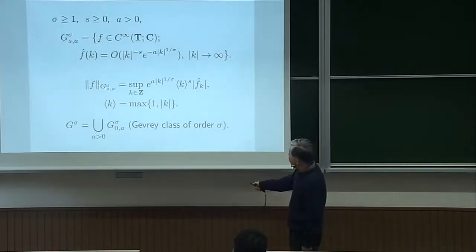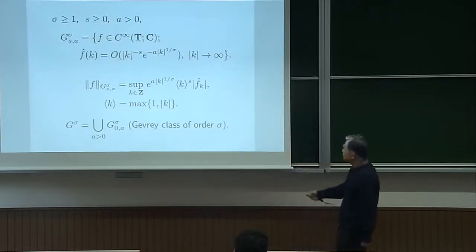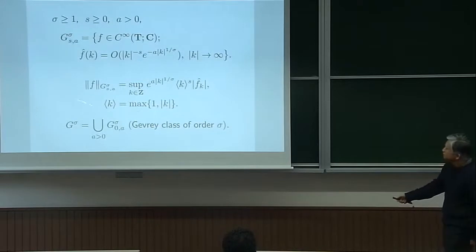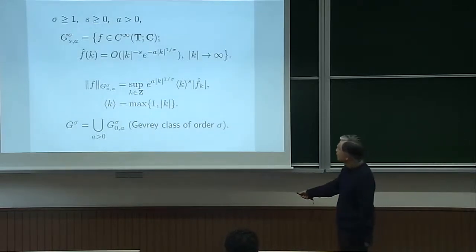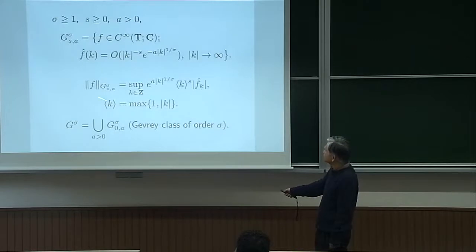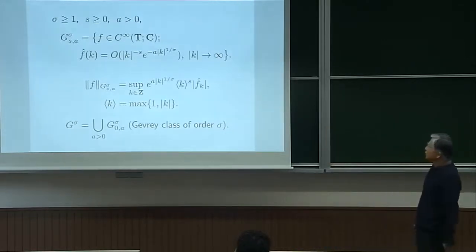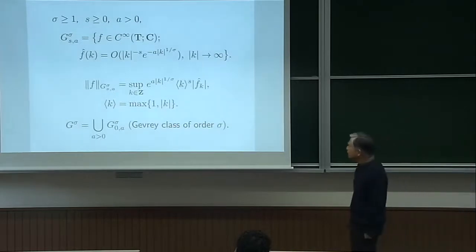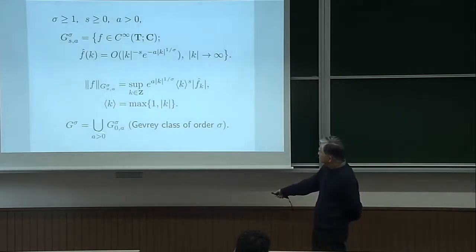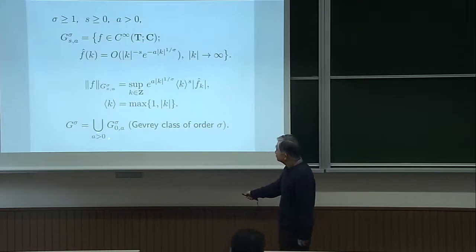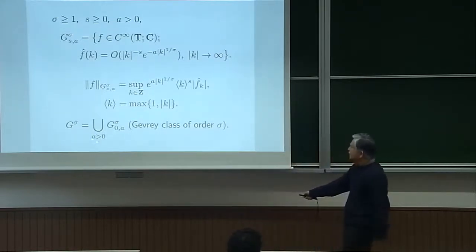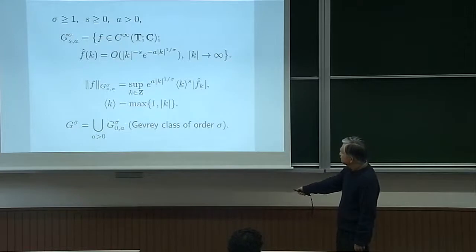The norm of the space G sigma s A is defined by this quantity. Here, angle bracket k denotes the max of 1 and modulus of k. Now, the Gevrey class of order sigma is defined as the union over A positive of G sigma 0 A.